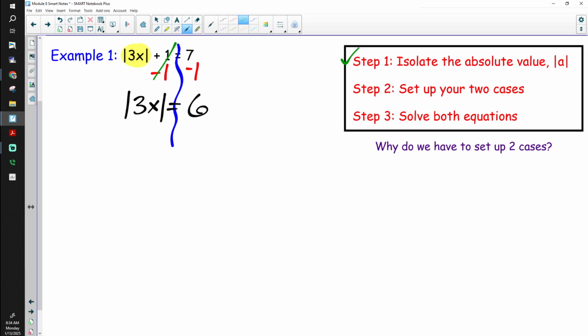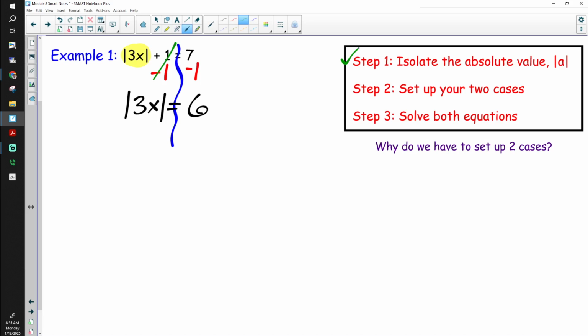Whatever the numbers on the inside are, the absolute value is always going to come out as a positive number, because absolute value can never be negative.